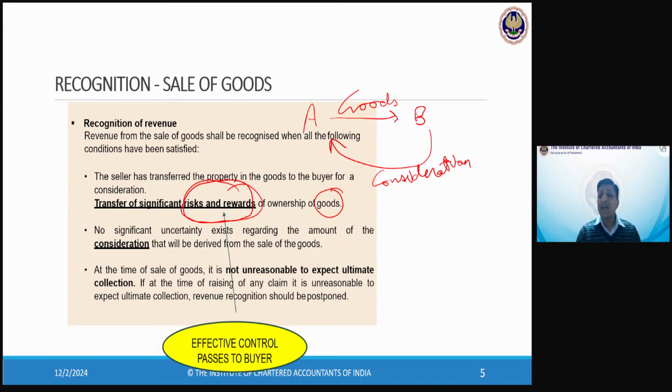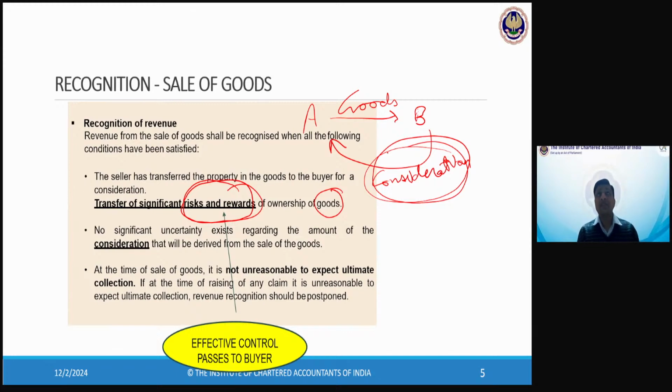So there will be a consideration which will get transferred from B to A. Now in this case, today when the sale is taking place, around this consideration, there should not be any uncertainty. So the standard says there should be no uncertainty of collection.